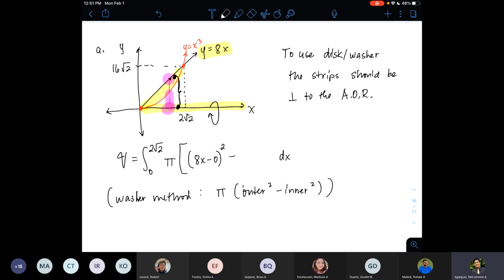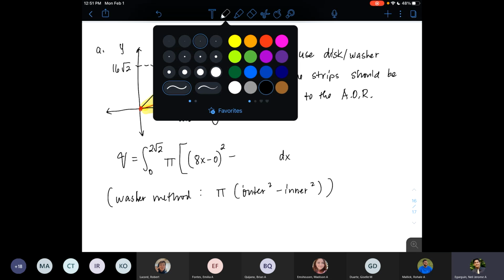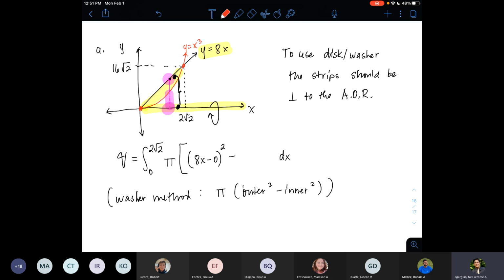Minus, since I'm using the washer method, I need to subtract from it the inner radius squared. What's the inner radius? The inner radius is this guy, the smaller of the two radii. This is the radius coming from the AOR until the cubic function, until the red curve over here. The inner radius, as you might have noticed, represents the length of the strip that lies outside the shaded region.